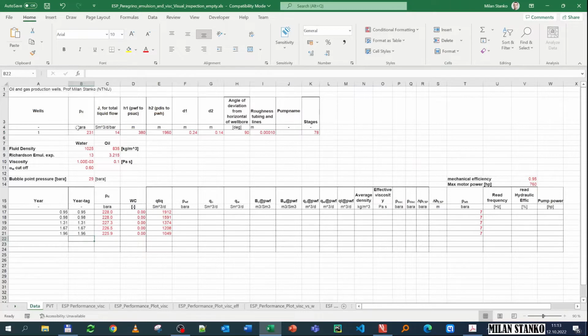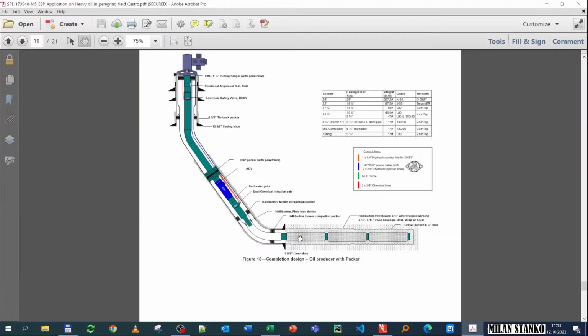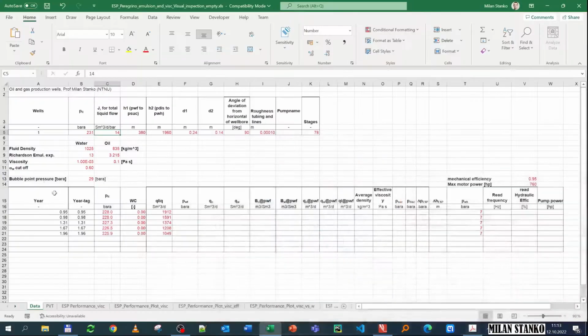You see here some data. That's initial reservoir pressure. That's the J of the formation of all the flow, of all the horizontal section. Here you have the H1, which is the height that I have from the bottom hole all the way to the suction of the pump. So that will be the height difference between here and here. And I have also the length that is 380 meters.